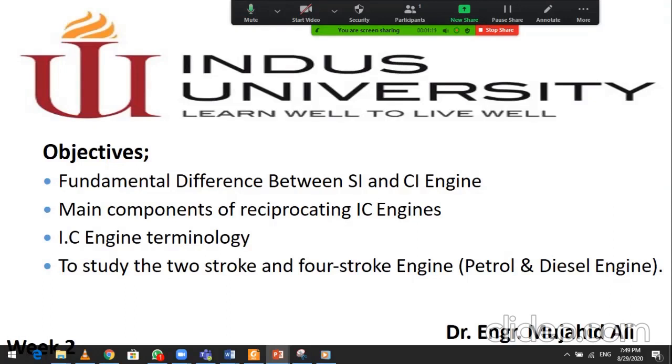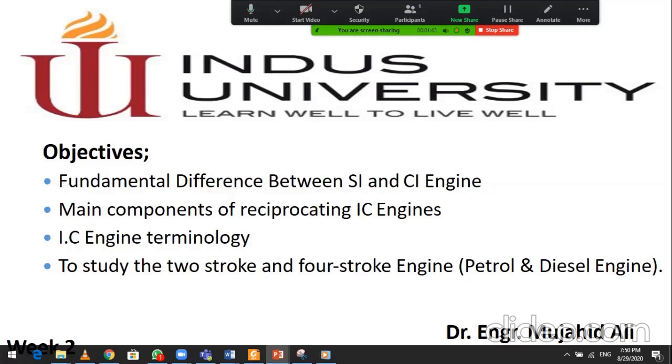The third one is about IC engine terminologies, like stroke or some formulas about how to calculate the diameter of the cylinder or the piston diameter. And the last one to study the basic topic about IC engine: what is the basic difference between two-stroke and four-stroke engine, two-stroke in petrol or two-stroke in diesel? Each of them we will discuss.